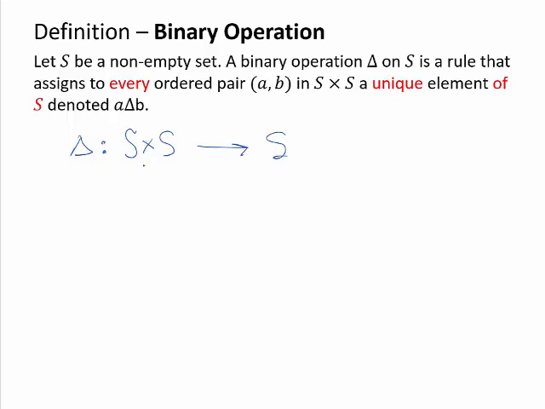It picks up every ordered pair in S cross S, and maps it to one and only one element in S.